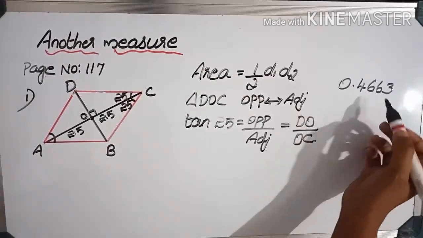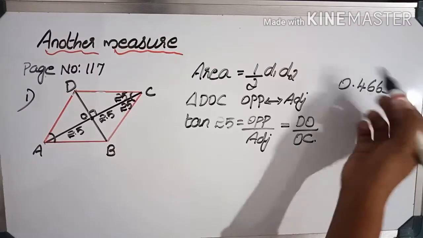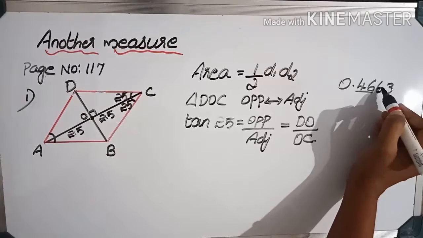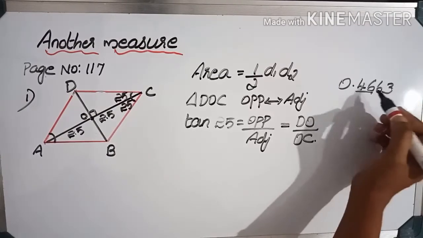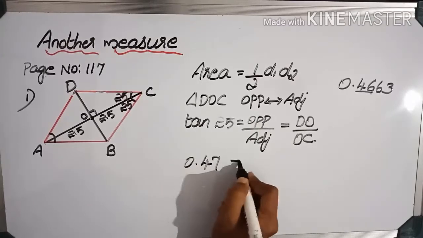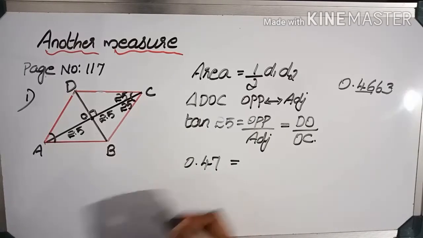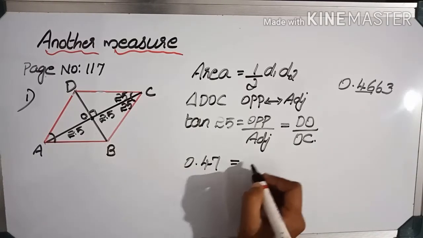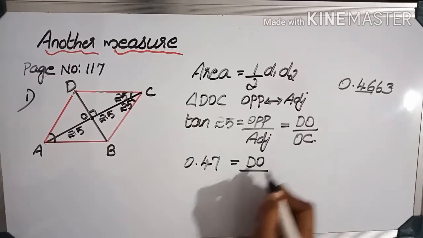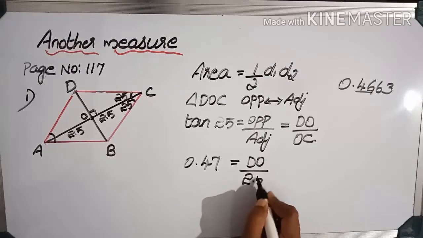Let's simplify this and take only two decimals. Third decimal 6 greater than 5 means we can write it as 0.47. Now DO by OC, value is 2.5.